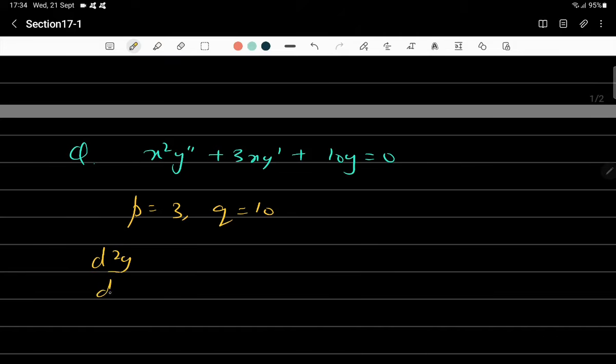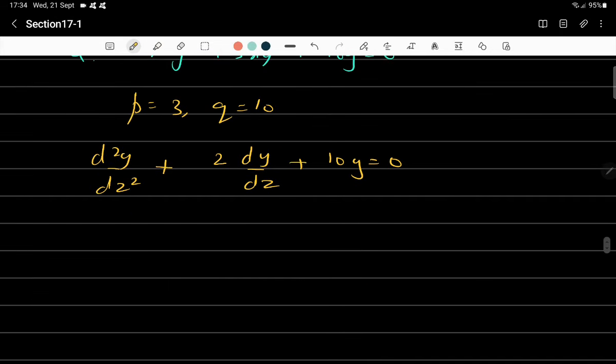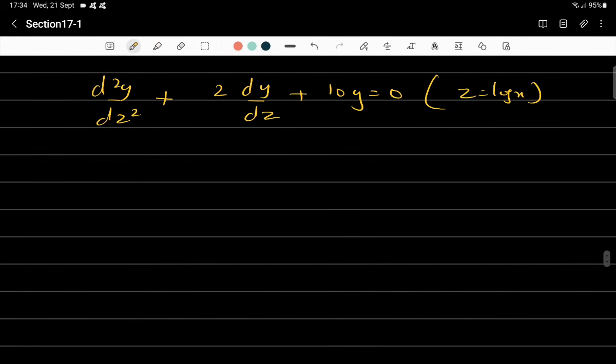So it gets transformed into d2y by dz square plus (p minus 1), which is 2, dy by dz plus 10y is equal to 0, by substituting z is equal to log x or x is equal to e raised to the power z. Now we know how to solve the equation with constant coefficient.